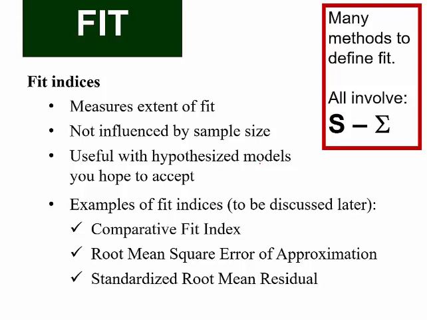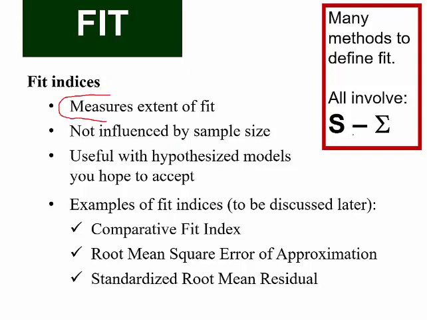In this situation, I would use something called a fit index. There are many different types of fit indices, and we're going to get into those in more detail in a later unit. But for now, let me give you a brief overview: a fit index is something that measures the extent of fit.